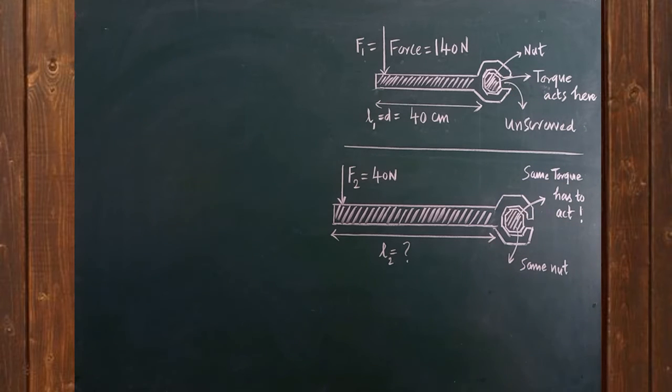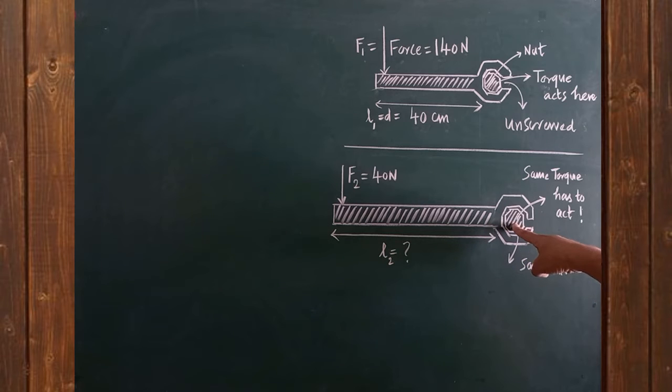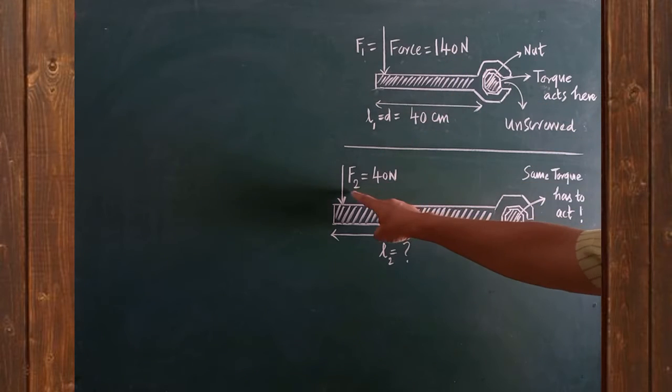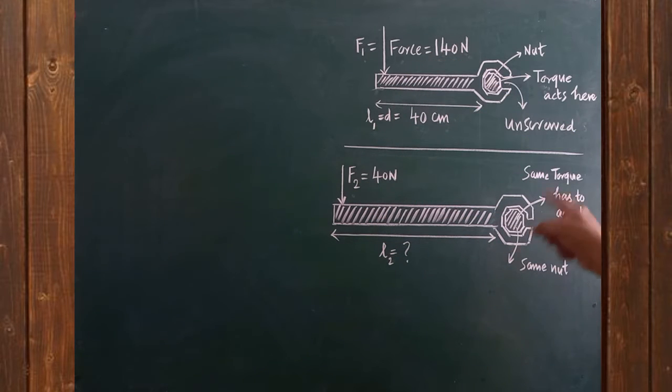Let's see the second case. What you have to find out is the question here. Here, the same amount of torque has to act, but the force applied is 40 Newton. Previously 140 Newton of force was acting. Now the force value is reduced, but by using the spanner, we have to get the same amount of torque.